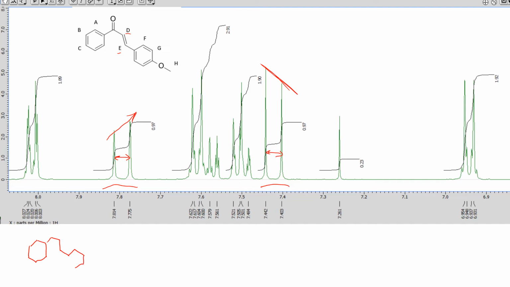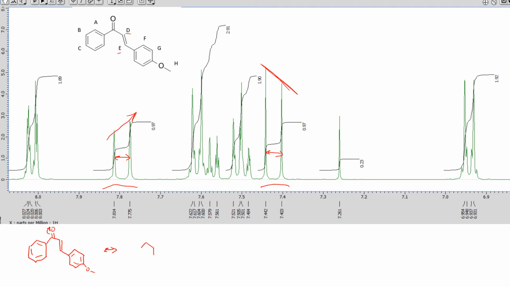It's with the resonance structures of the compound. Okay, so when you have a carbonyl, the electrons can end up on the oxygen.